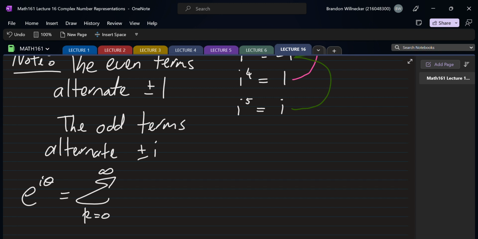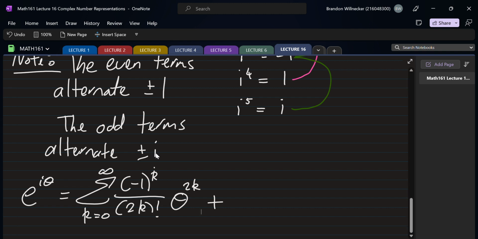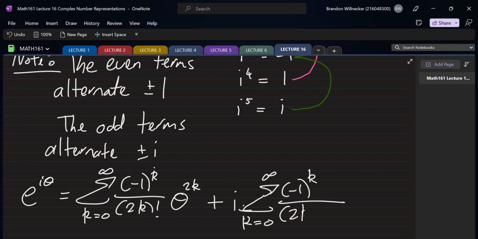They alternate between plus or minus 1, so we can write minus 1 to the k over 2k factorial, because it must be even, theta to the 2k, plus, and then for all the odd terms, we have this common factor of i, so we can take that out of the sum. And then we have the sum from k equals 0 to infinity. These also alternate, minus 1 to the k, all times i, divided by 2k plus 1 factorial, because those are the odd ones, theta to the 2k plus 1.